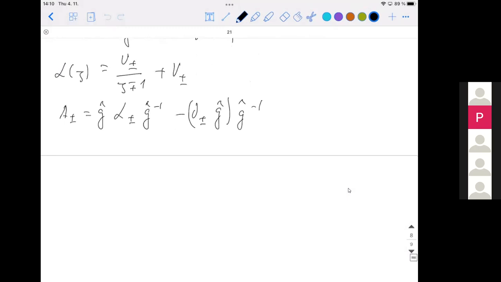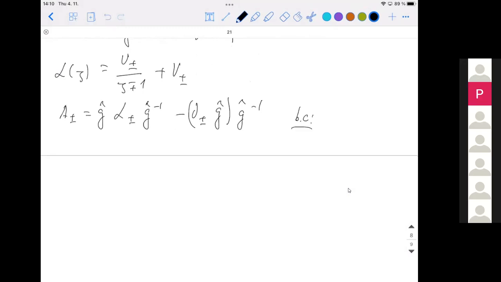So the boundary condition would be as 0, and here that's the G hat at infinity, identity.